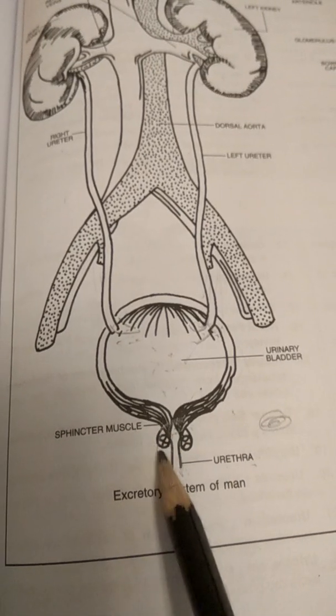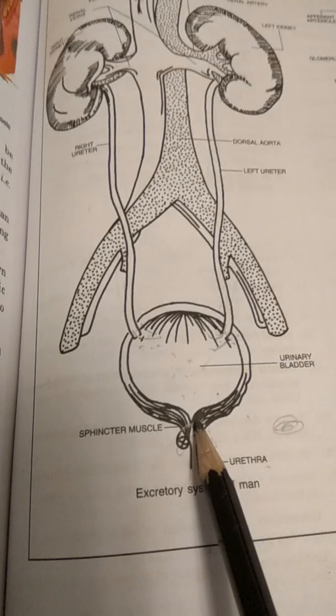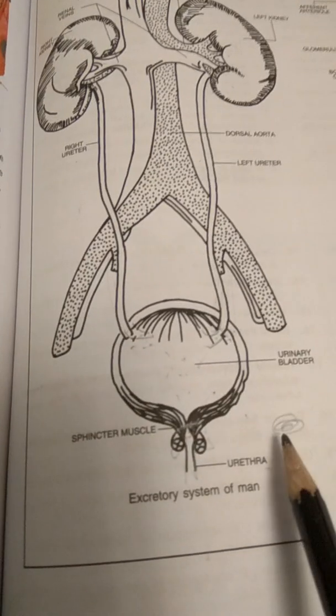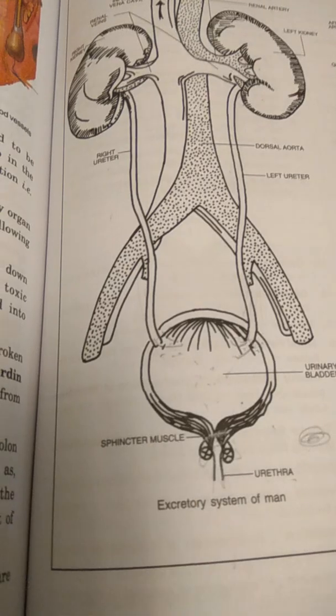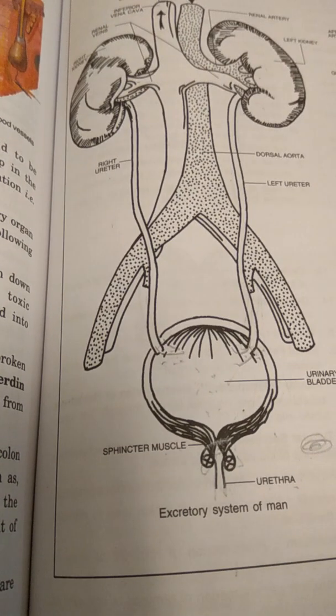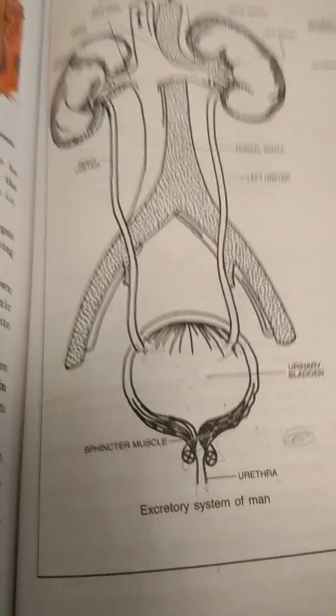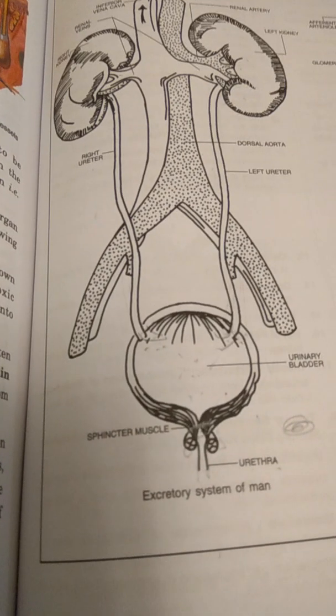These are not the balloon-like structures; it is here the circular muscles called sphincter muscles. These circular muscles, which make the sphincter muscle, remain in a contracted state and the bladder is closed. The opening is closed.